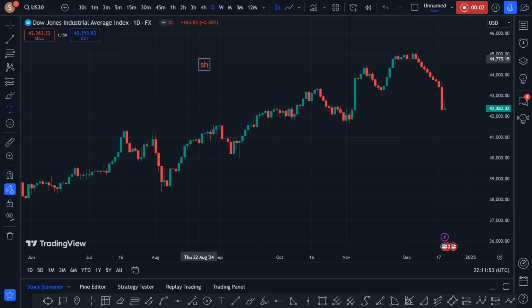US30, daily. US30, a heavy index. So we want to see what we get from here.